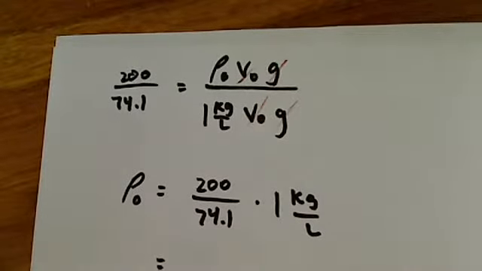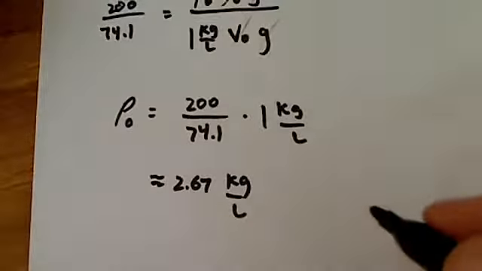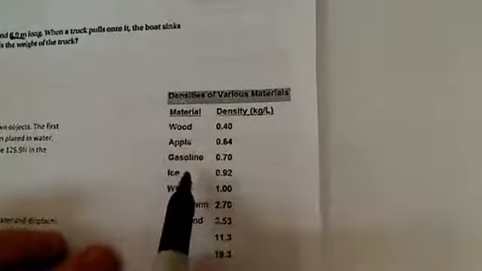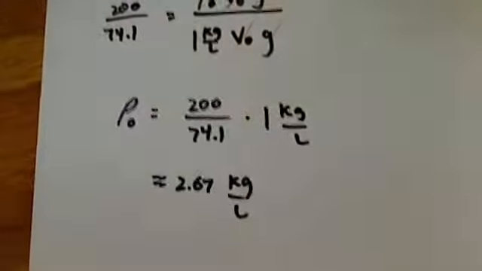What do we find that to be? Almost 2.67 kilograms per liter, which if you look on your table, looks like it's aluminum.